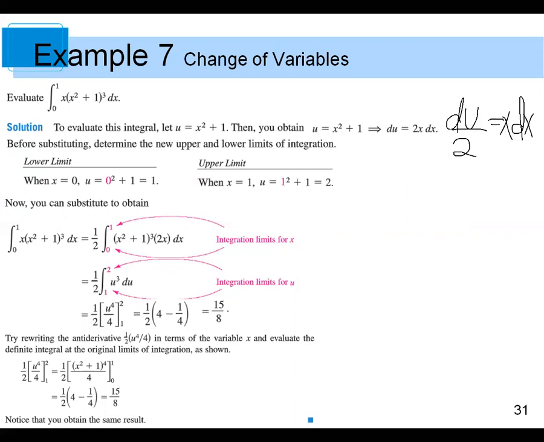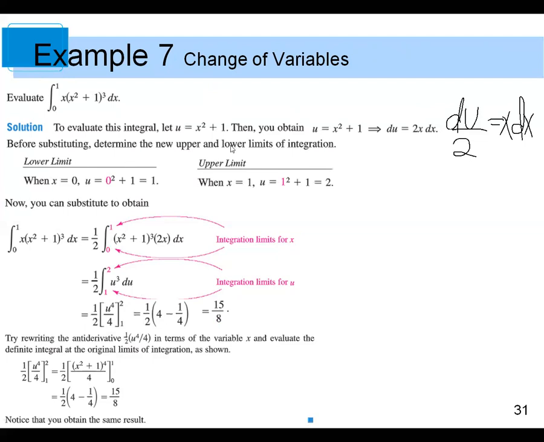So here's what I'm saying with this. You can do the change of variables of definite integrals in 2 ways. You can get everything in terms of u, change the limits to be in terms of u, and then just evaluate your antiderivative at the u step.